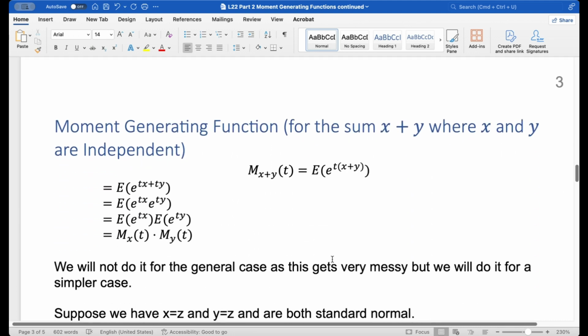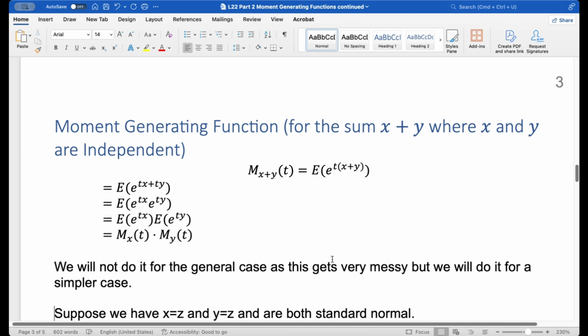If you have a sum of independent random variables x and y, the moment generating function of the sum is the expected value of e to the tx plus ty, which is the expected value of e to the tx times e to the ty.